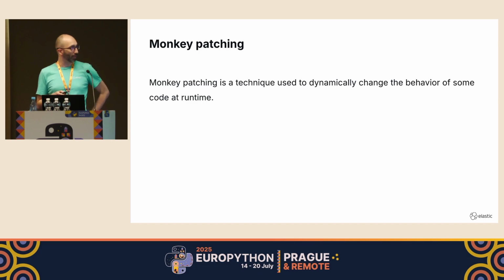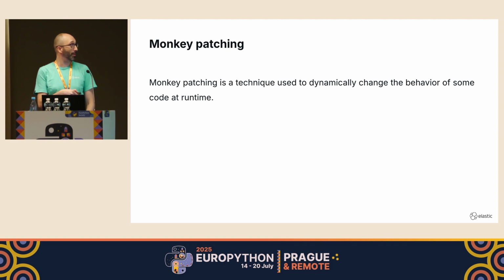So imagine we want to trace a function, we need to wrap it to get maybe the function parameters and also what it returns. Some of the stuff we can instrument provides hooks, so we don't need monkey patching, but most of them don't.